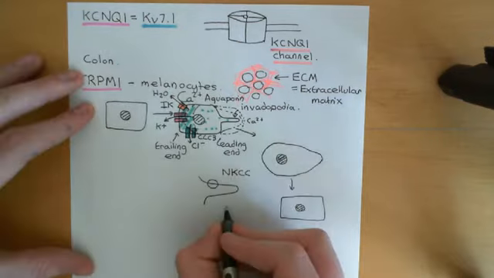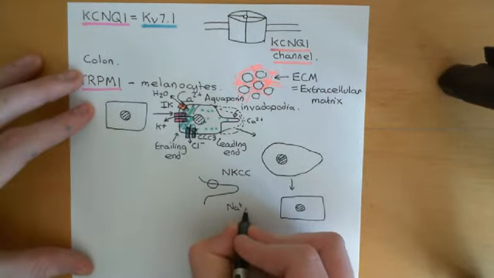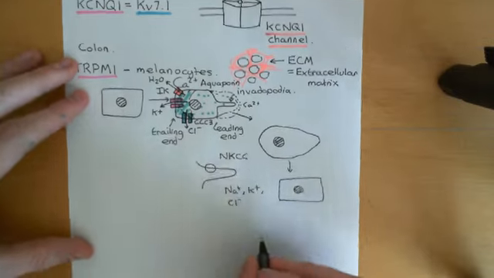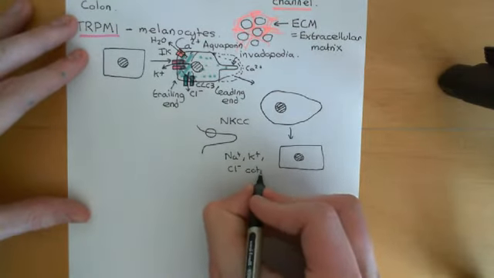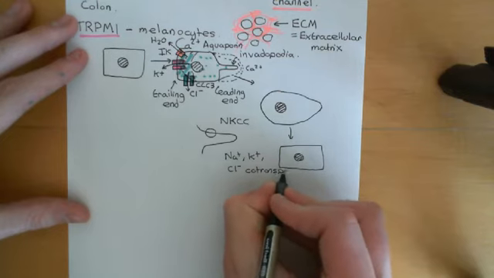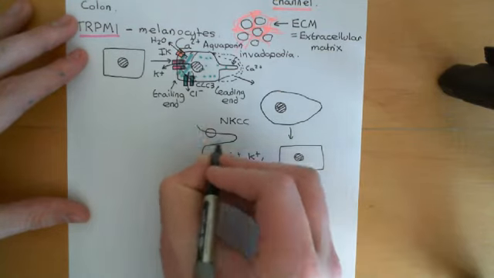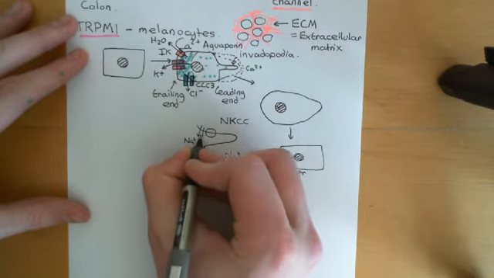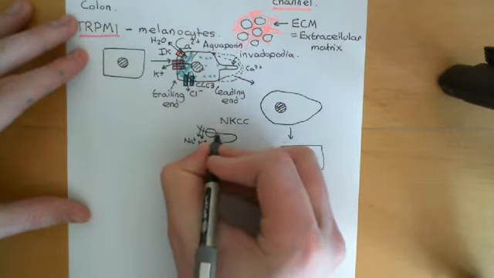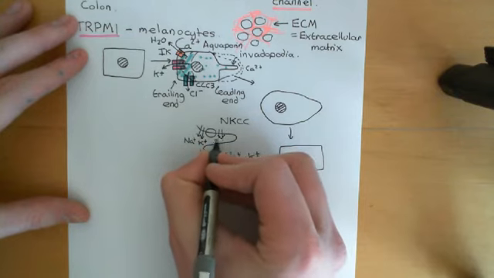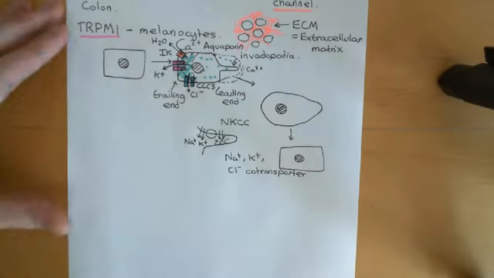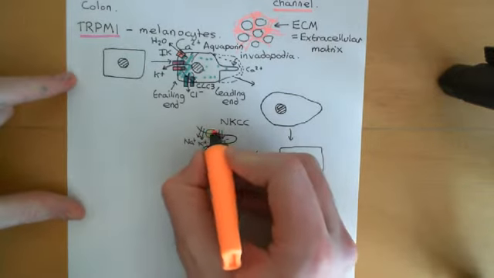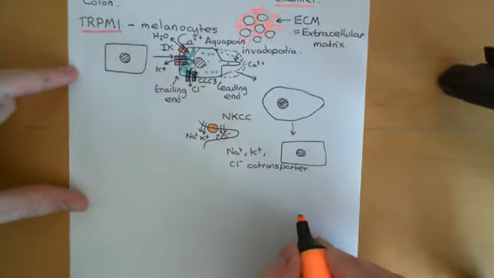This stands for sodium, that's the N, potassium, that's the K, chloride, that's the first C, and then cotransporter, that's the second C. Basically this transports one sodium ion in, one potassium ion in, and then two chloride anions in. And it uses the electrochemical gradient of sodium to drive that movement inwards.